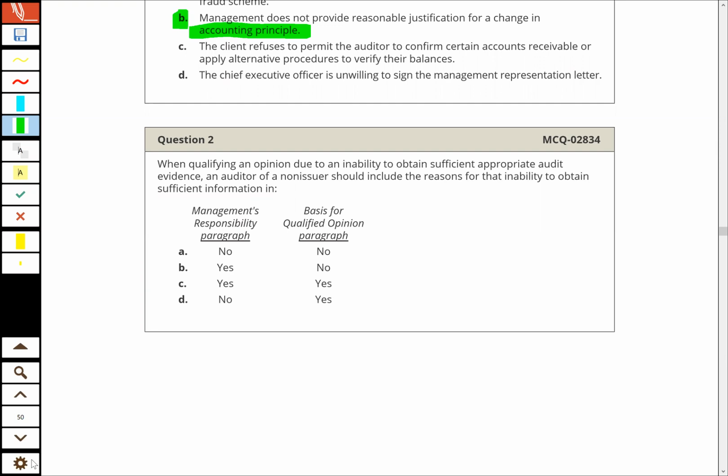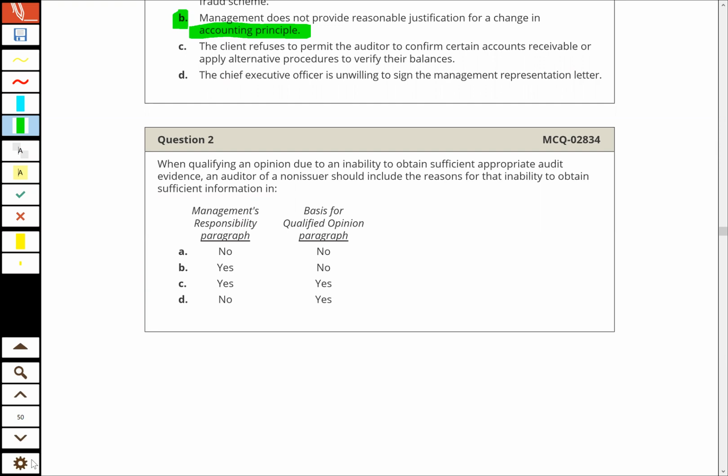But a couple of people, four or so of us, thought that B or C could possibly be the right answer. What part of "you never change the management responsibility paragraph" did you not understand? The management responsibility paragraph stays the same no matter what.